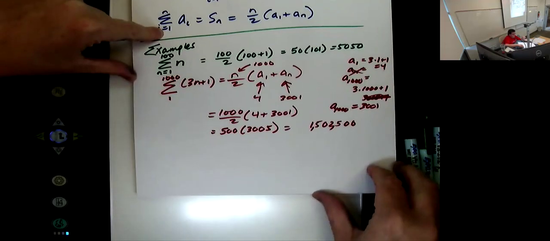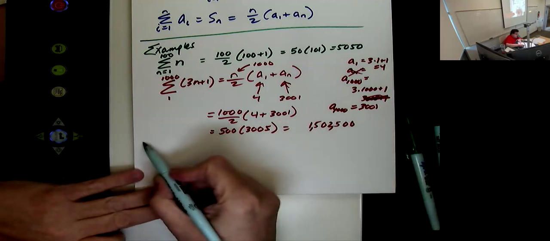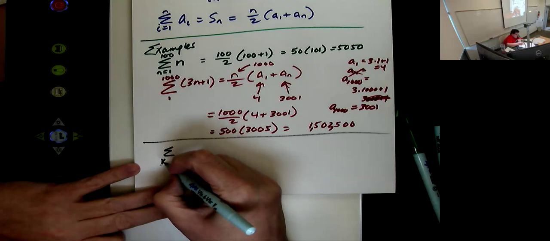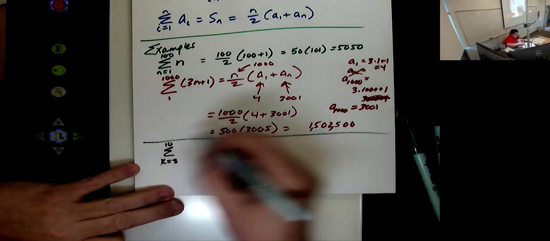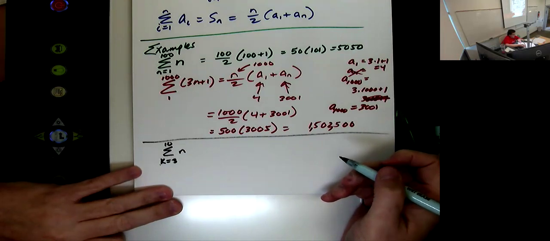We could be sneaky. I'll show you a sneaky one real quick. I don't know if Alex will have a sneaky one. But what if we had k equals 3 to 10 of n? We'll do a simple one here with n.